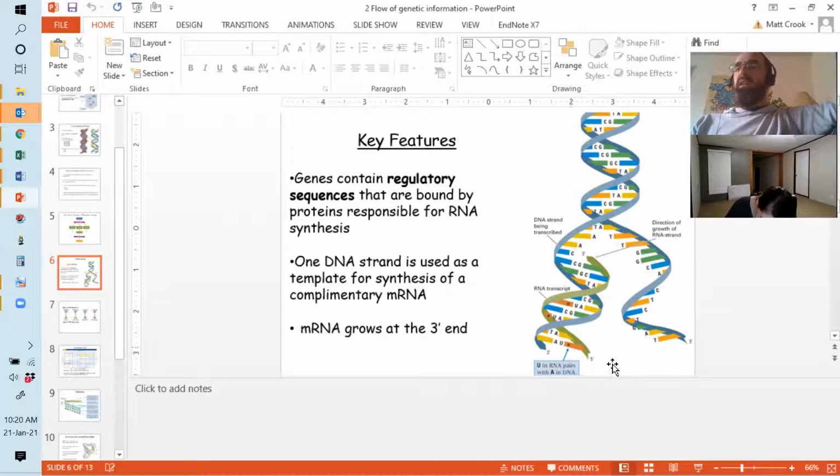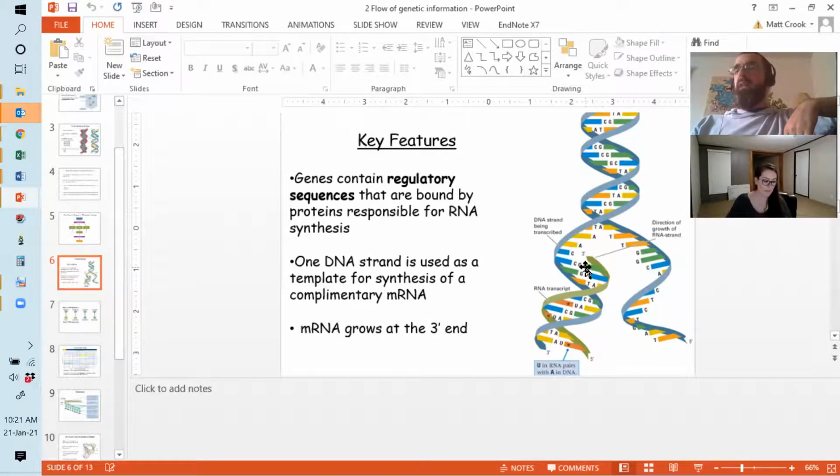So this mRNA transcript is a copy. Obviously it has U's instead of T's. Now it has to be made in a particular direction, and as a result, it has to use the other strand. This is called the template strand, the one that's being transcribed, to extend that mRNA transcript. Again, we'll get back to that more in the future.